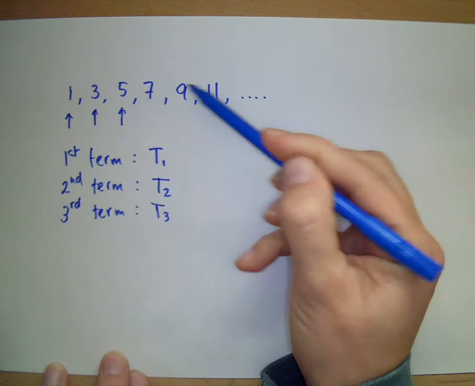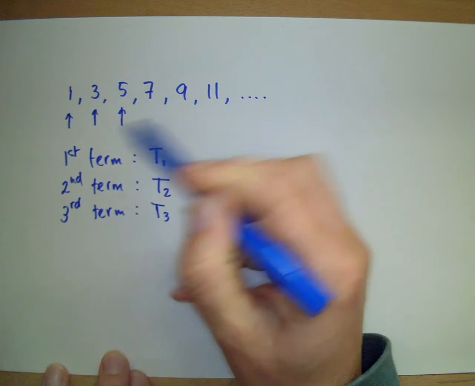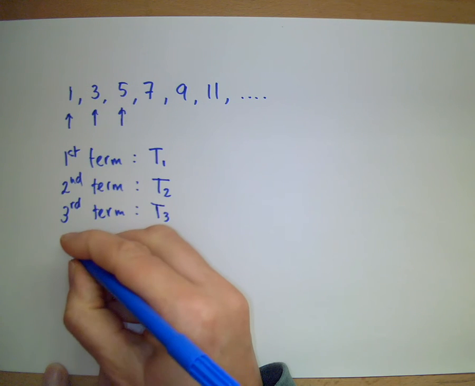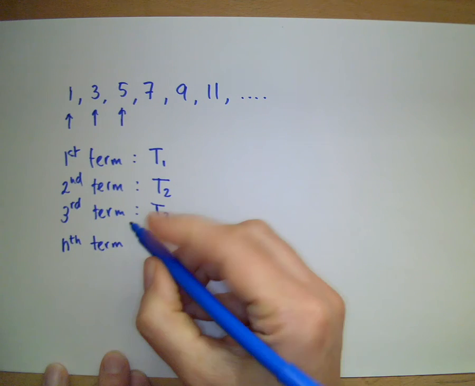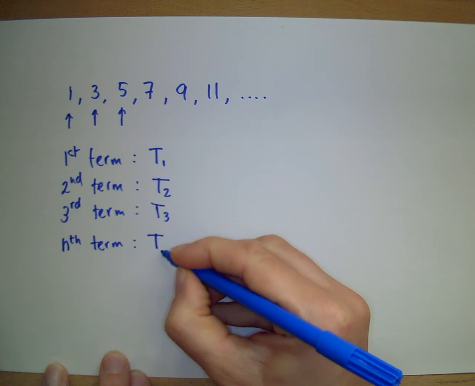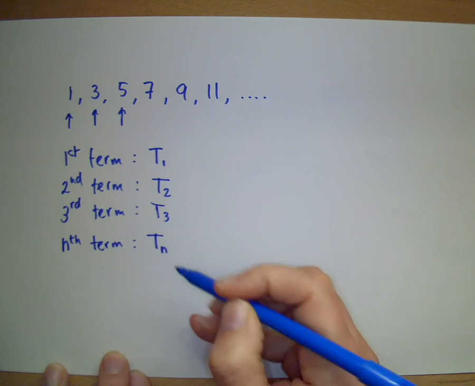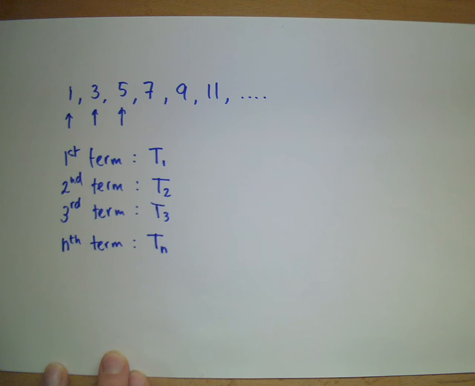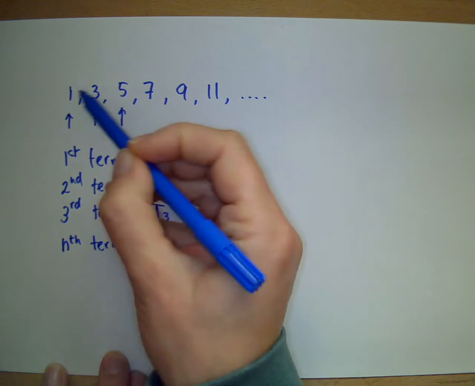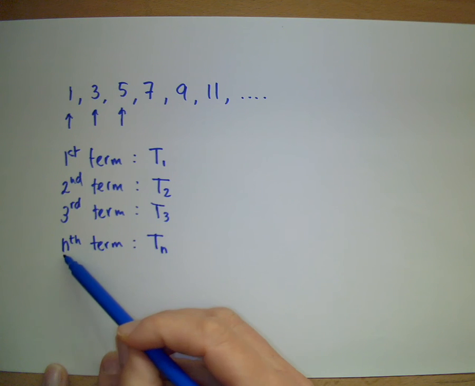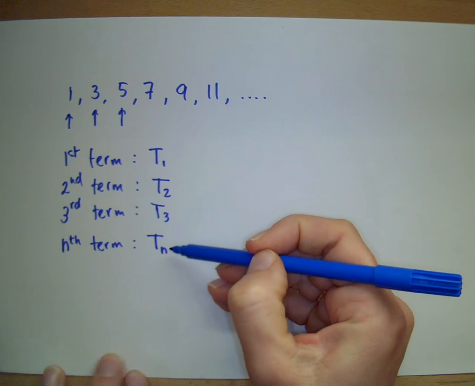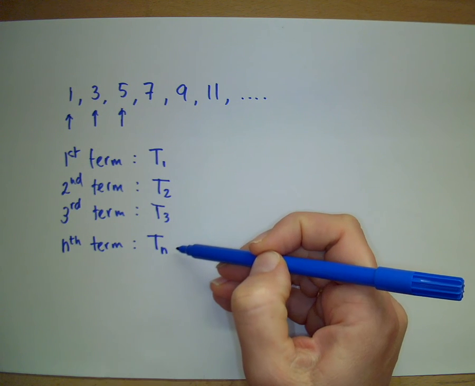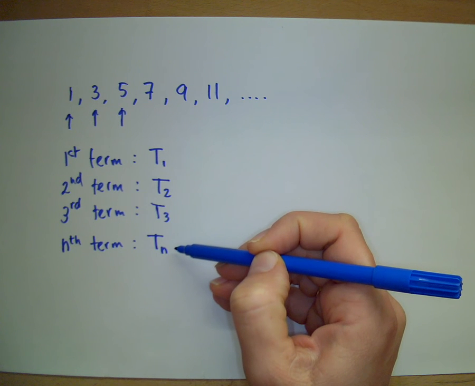Now, if we want to talk about any random term in the sequence, we could call it the nth term. And we would write that as Tn, the nth term, term n. And that could mean any term in the sequence. As soon as we give it a number, then we know what term we're talking about. But this is like leaving the number in the middle. Like this is just any term that we'll define later.